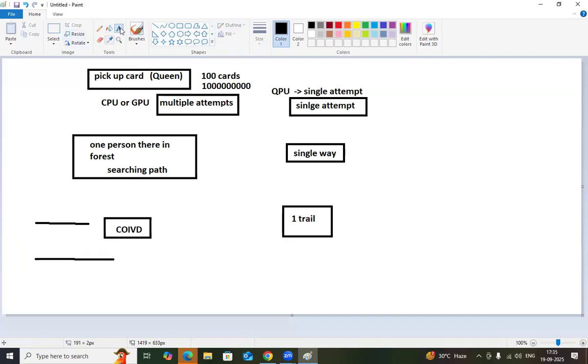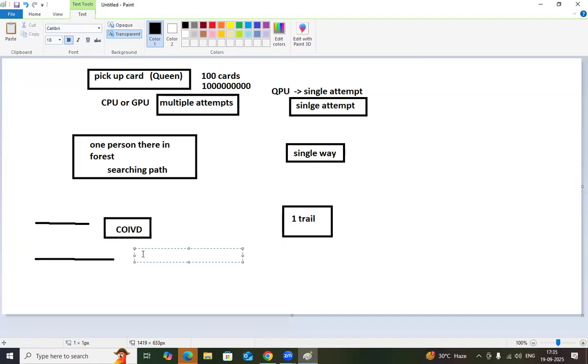Hacking is going on with CPUs and GPUs. But when QPU comes into the picture, no hack.